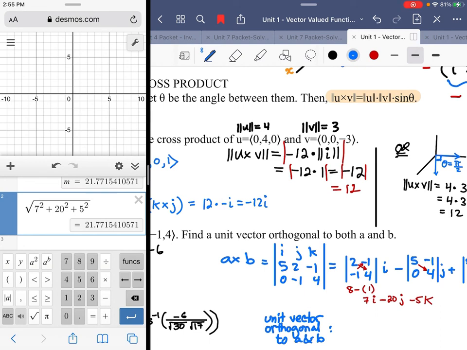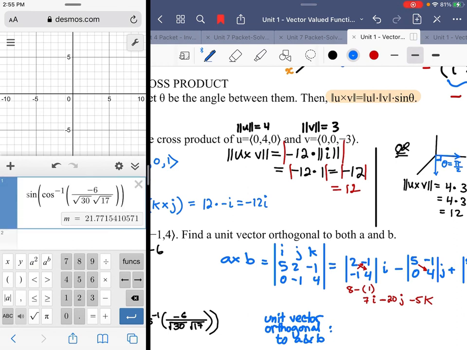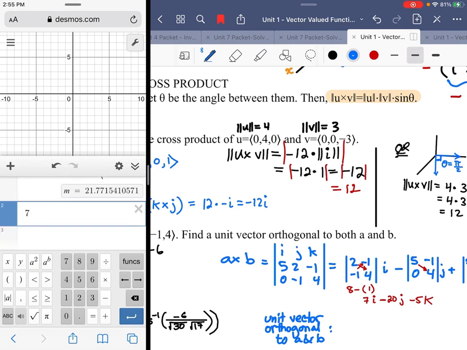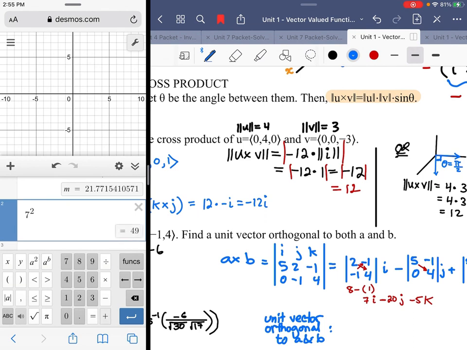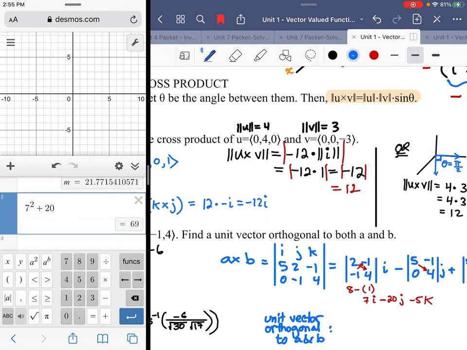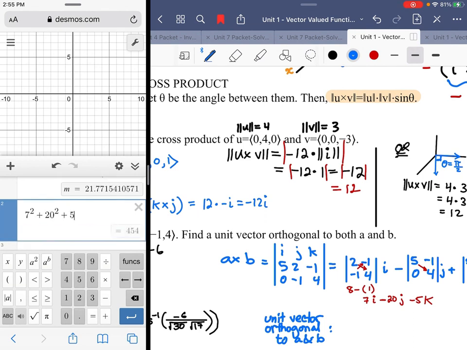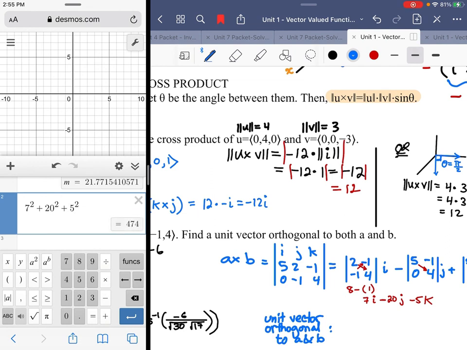All right, so that magnitude I can write in radical form if I want. So I just do the whole thing that I just did here, just get rid of the radical. So 7 squared plus 20 squared plus 5 squared. So 474.